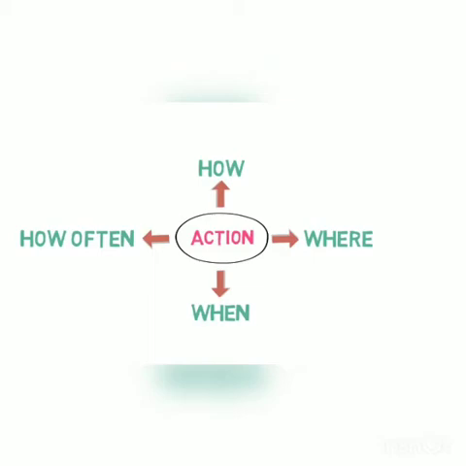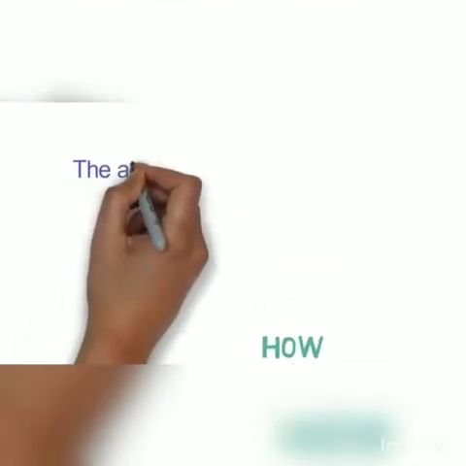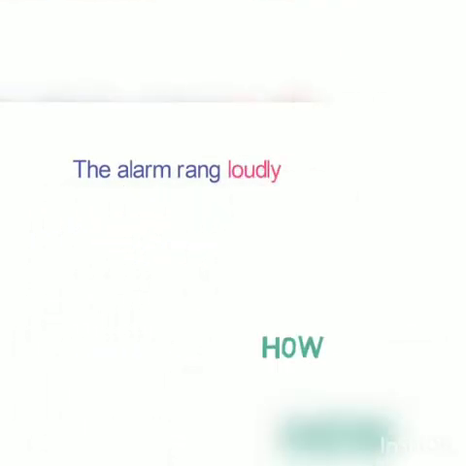And now let's see some examples of each. Firstly, we will see the adverb that describes how an action is performed. The alarm rang loudly. Here we can identify that the alarm rang, but how did it ring? It rang loudly. So loudly is describing the manner in which the alarm rang, and hence it is an adverb.